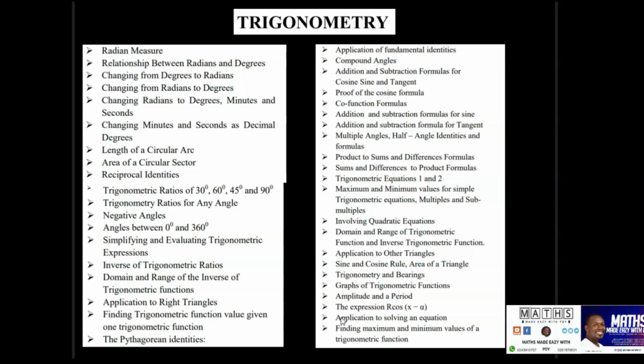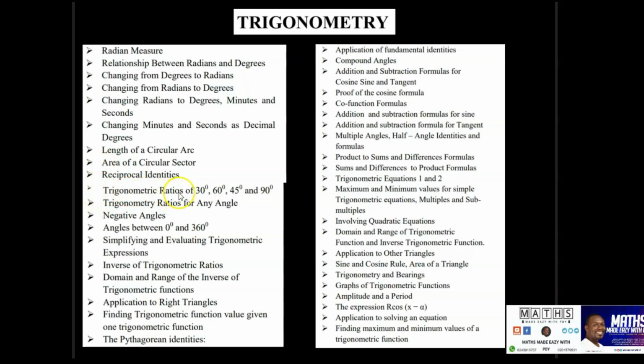So when we talk about trigonometry, what are some of the subtopics you'll be looking at? We'll be looking at radian measure, relationship between radians and degrees, changing from degrees to radians, and it goes on and on. It's not everything that we'll be looking at; some of them are not so necessary.